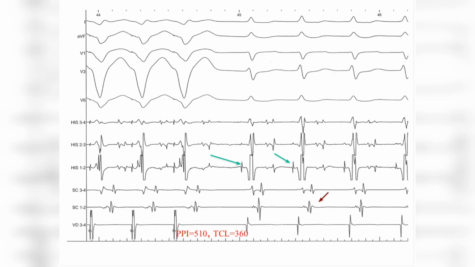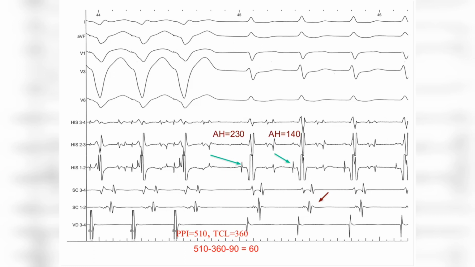But I think it's important that in this case, the difference in AH is very significant, because in tachycardia it is 140, but when we pace, obviously the AV node is activated at a faster rate, and that turns into an AH that is now 230.